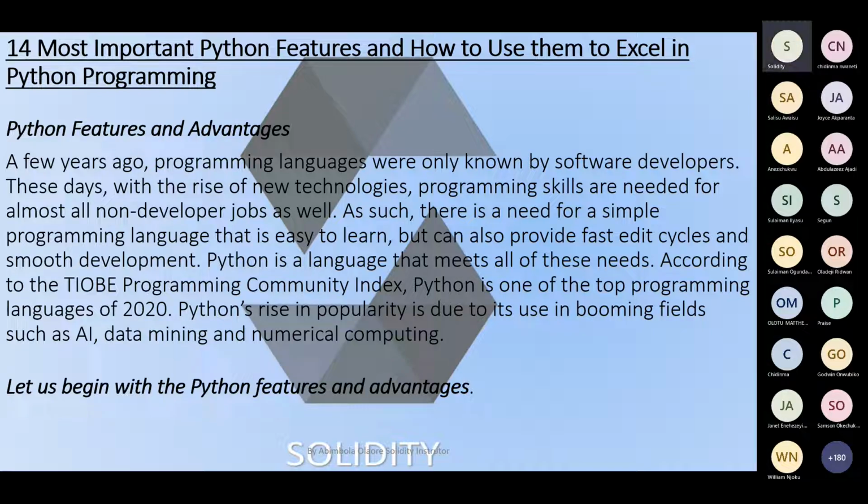These days, with the rise of new technologies, programming skills are needed for almost all non-developer jobs as well. As such, there is a need for a simple programming language that is easy to learn, but can also provide fast edit cycles and smooth development. Python is a language that meets all of these needs.